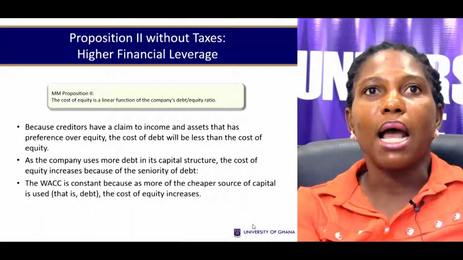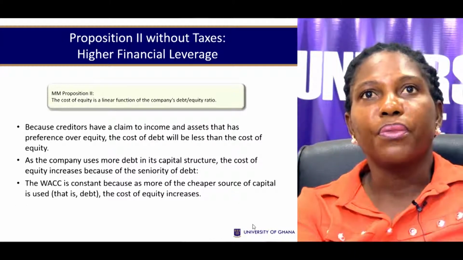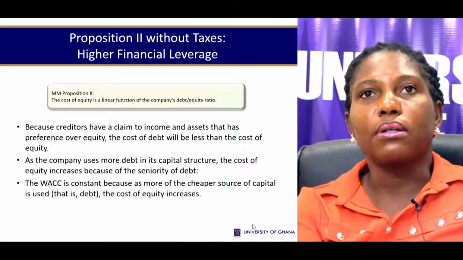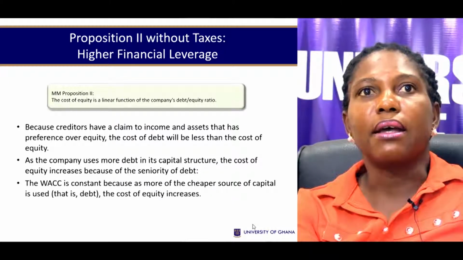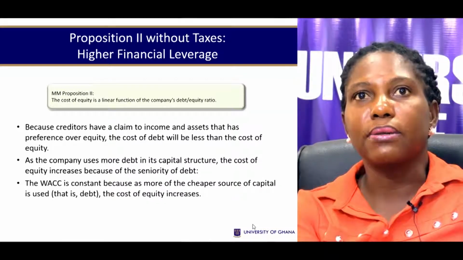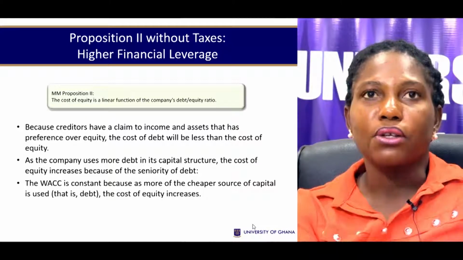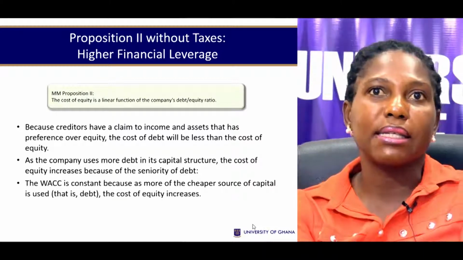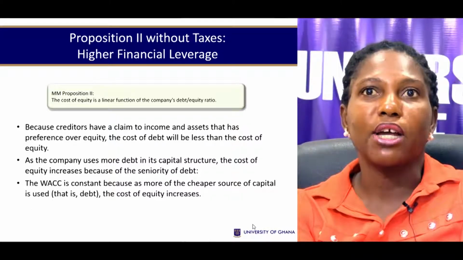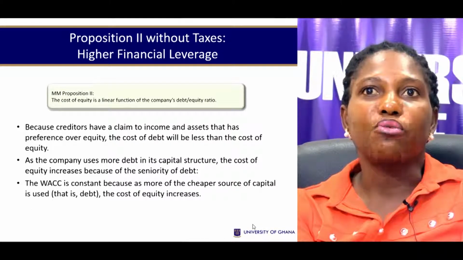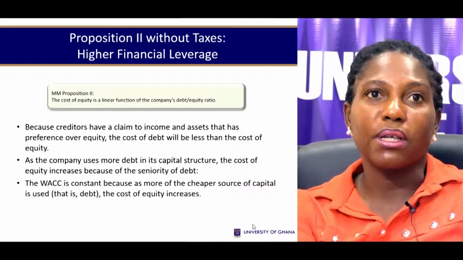Now, when it comes to proposition 2, where they do not add taxes immediately, they believe that the cost of equity is a linear function of the debt to equity ratio of a firm. In essence, because creditors have a claim on income and assets that has preference over equity, the cost of debt will be less than the cost of equity, all things being equal.